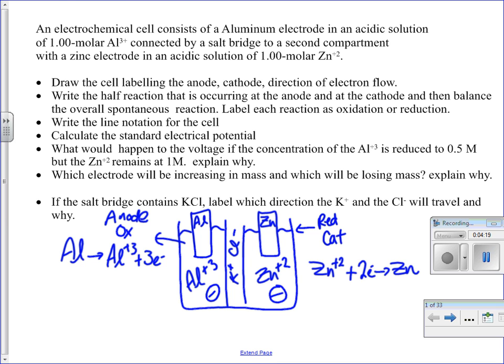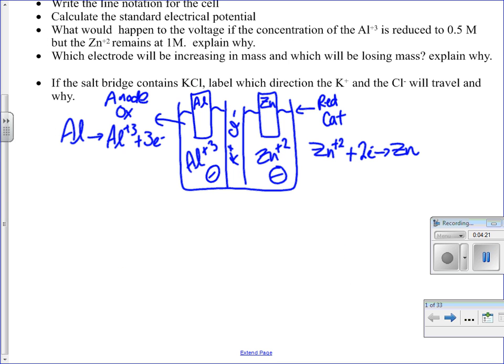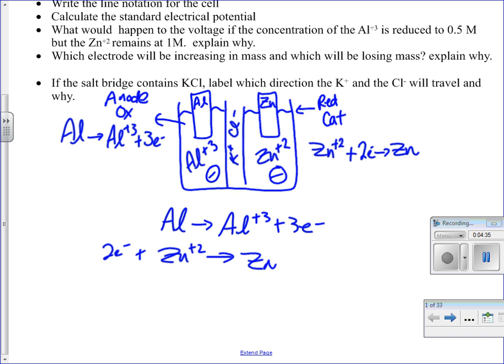So now it wants me to balance this overall reaction, and so since I have aluminum becoming aluminum plus 3 plus 3 electrons, and I have zinc plus 2 electrons becoming elemental zinc, what I'm going to do is I need to balance my electrons first.